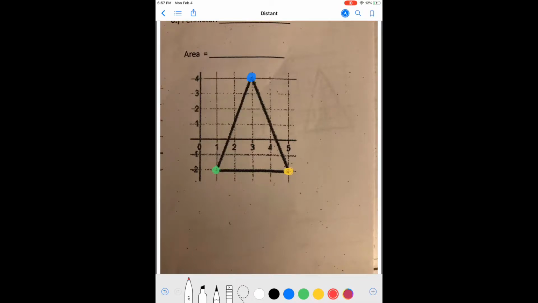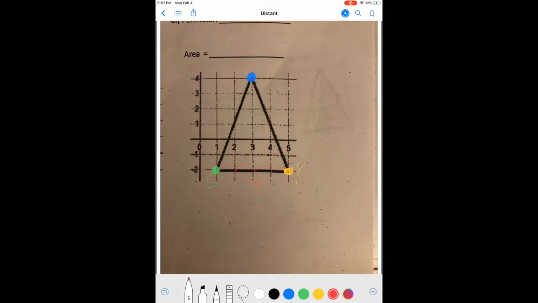So before I start, I want to go ahead and do one that I don't have to use the distance formula for. So in between the green and the yellow, and I'll even name it Y and G, we don't have to use the distance formula because you're going exactly 1, 2, 3, 4 units. So the distance is going to be 4.